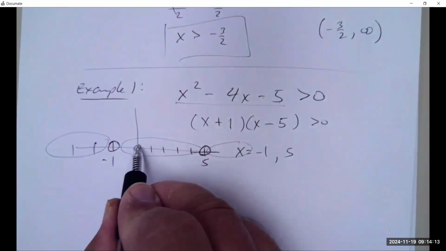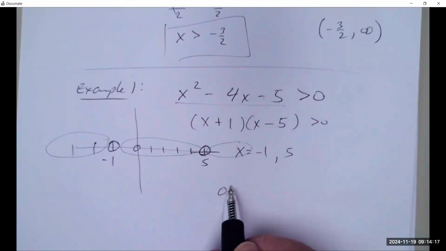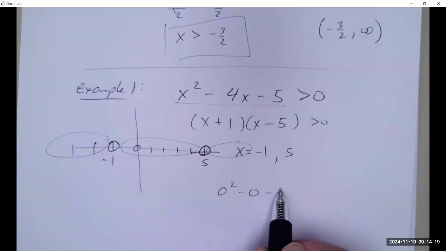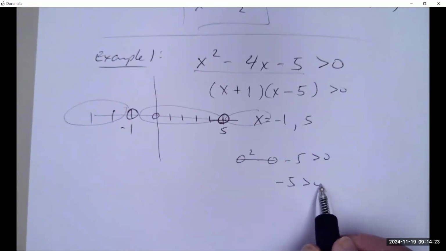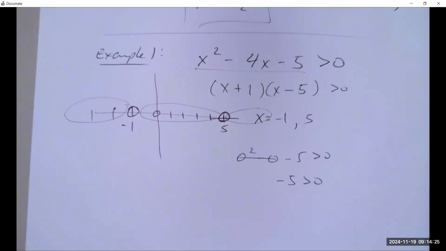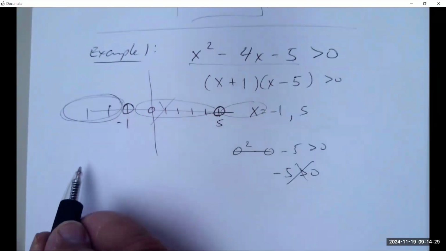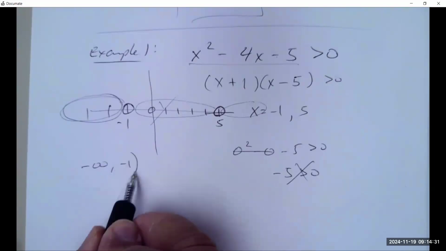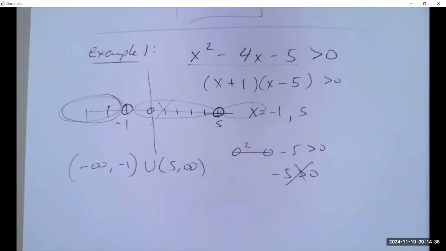So pick a number, let's say 0. If we plug it in there, 0 squared minus 0 minus 5, is -5 greater than 0? No. So that's false. That means our solutions are from -infinity to -1, union 5 to infinity. That means all those other ones will work.